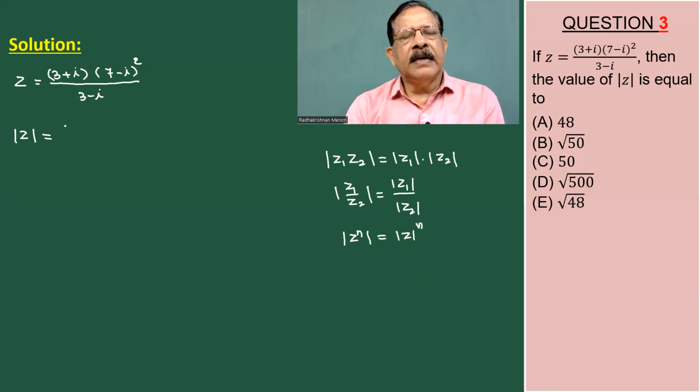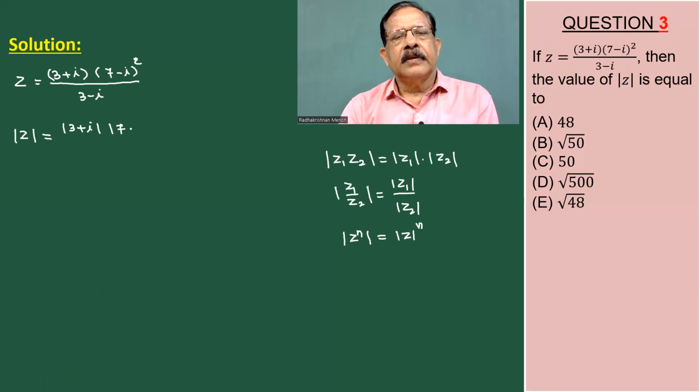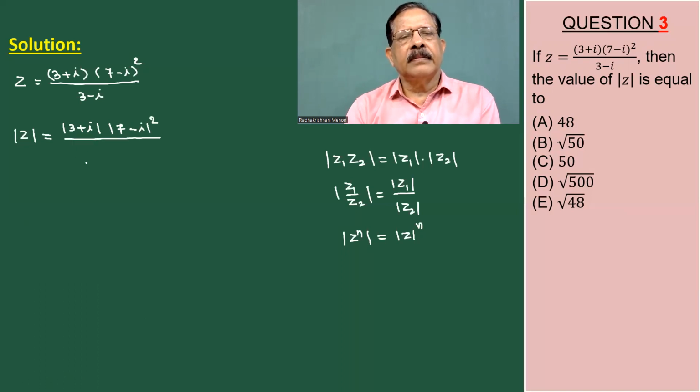Now, when we simplify using these properties, we get modulus of (3 plus i) into modulus of (7 minus i) squared, divided by modulus of (3 minus i). Modulus of 3 plus i is root of 3 squared, 9 plus 1.